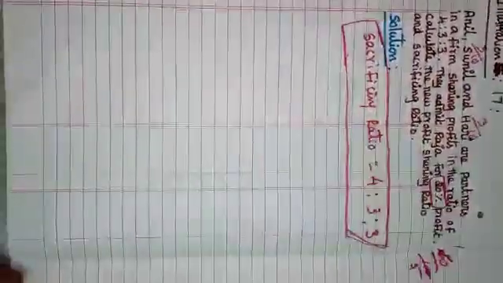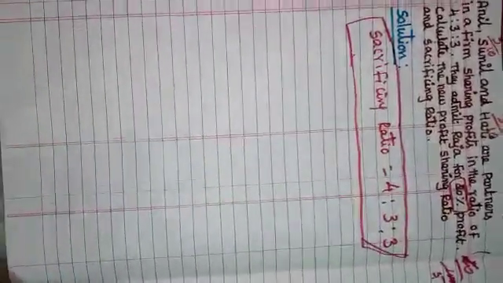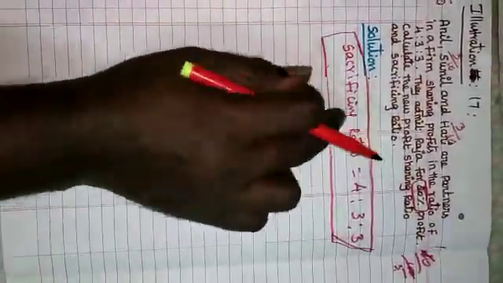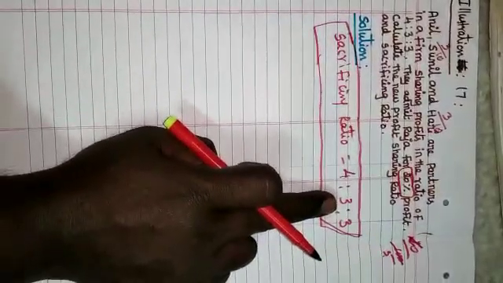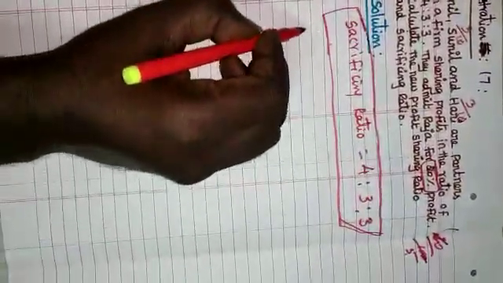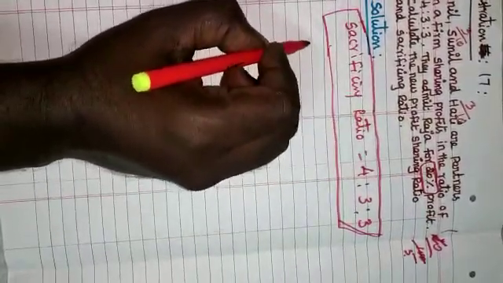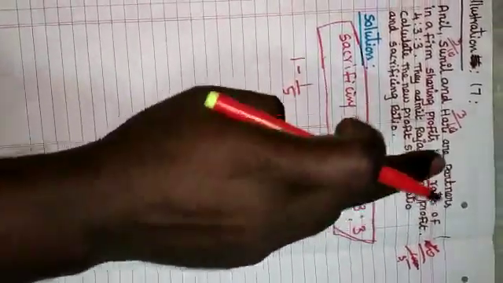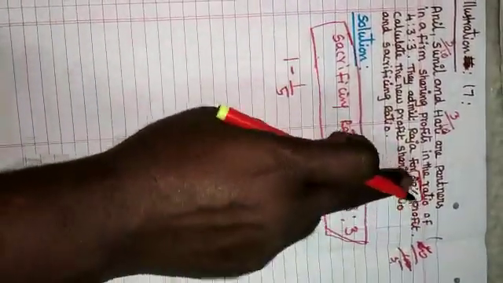Now we have to calculate the new profit sharing ratio. We know that new profit sharing ratio means old ratio minus share sacrificed. But in this sum, the share sacrificed we have only now assumed, so we should not calculate from this. We are going to calculate from this 1 by 5. Imagine the whole share is 1. In the whole share, 1 by 5 is given to Raja.